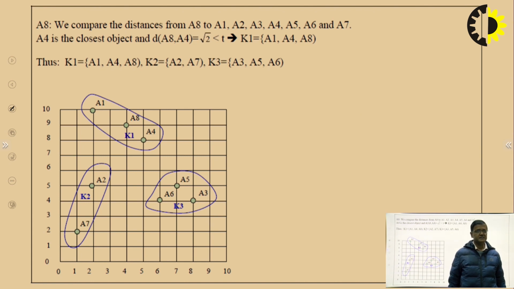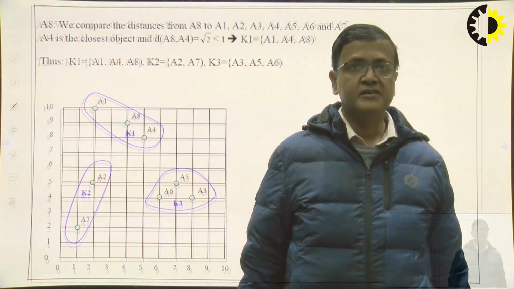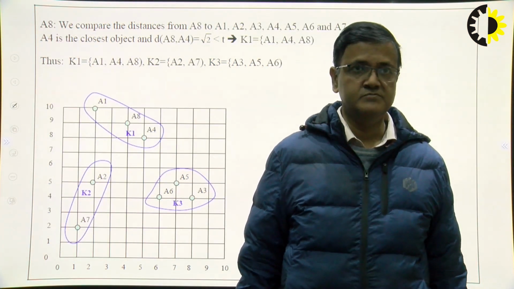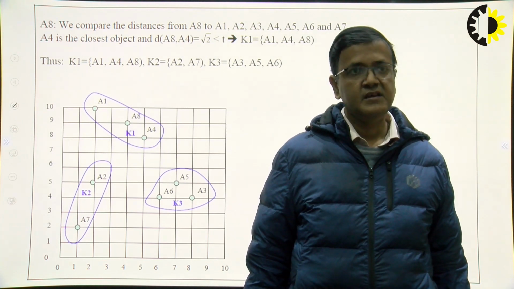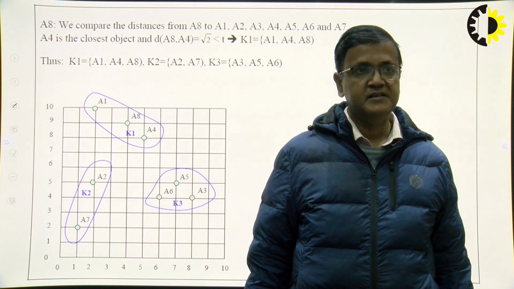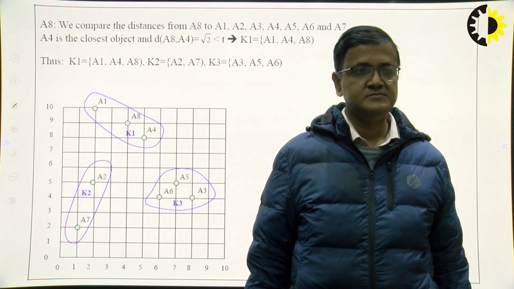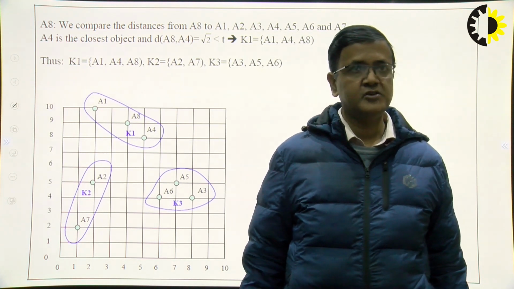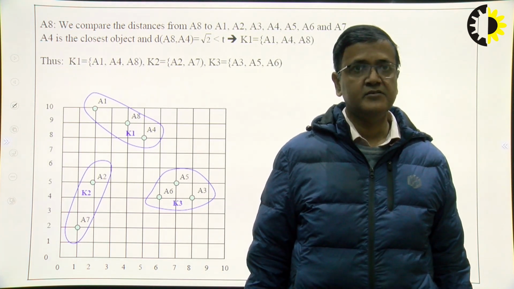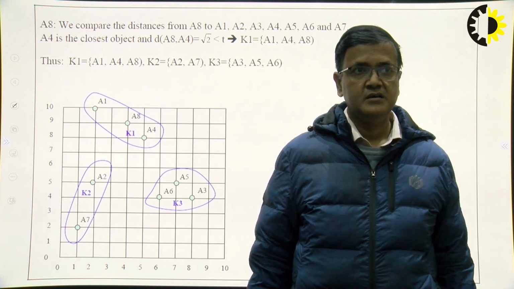This is how the KNN algorithm is applied to the given set of points for a given threshold value, and these are our resultant clusters. This ends our topic of numerical on the K nearest neighbor algorithm. Thank you.